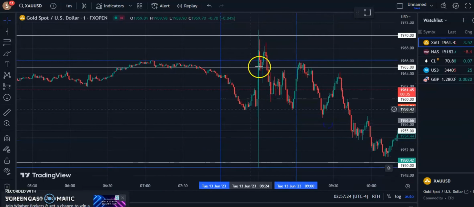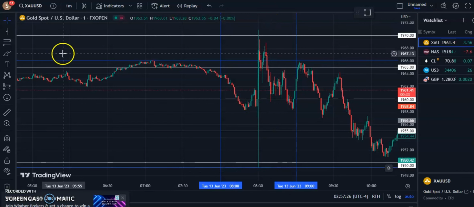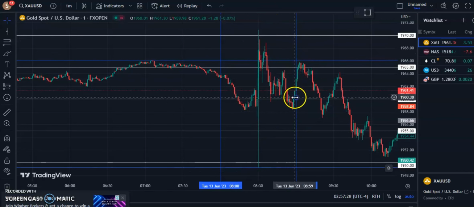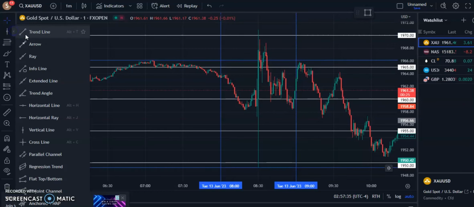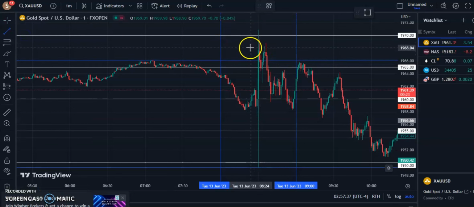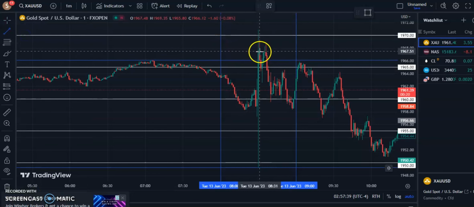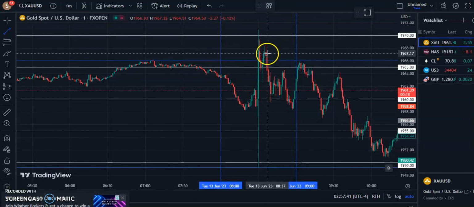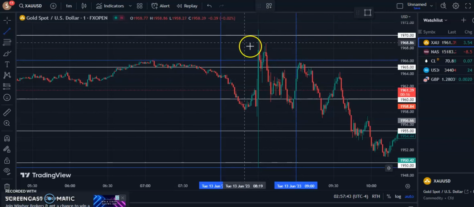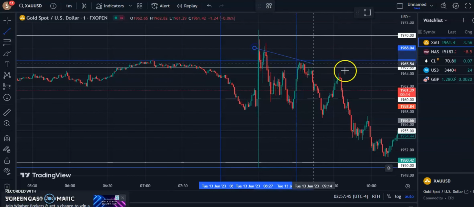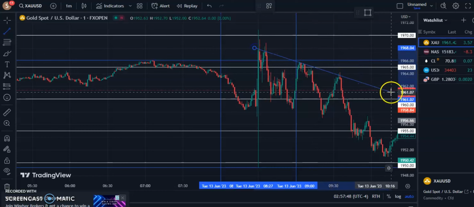So as you can see, the market did whipsaw. This is the 1 minute time frame. But then in the second hour, this is what I like to do. When I see we have already triggered the high, then it's already broken down, I put a trend line like that.